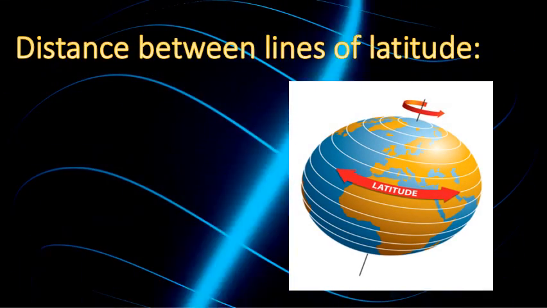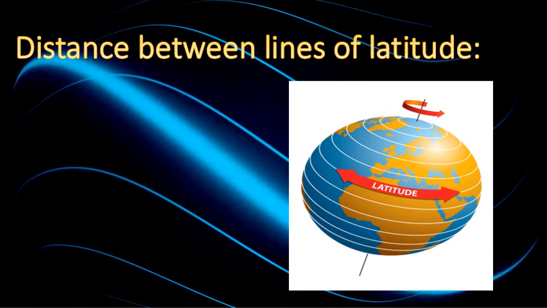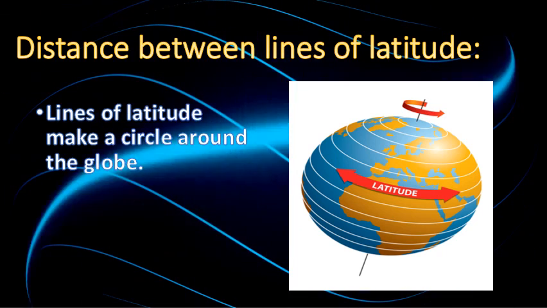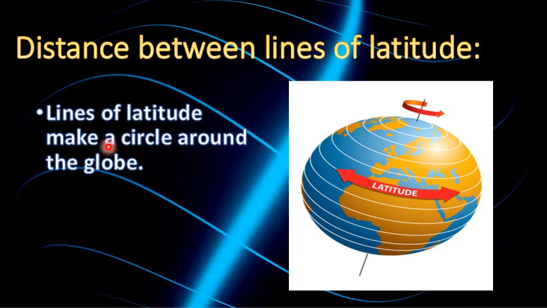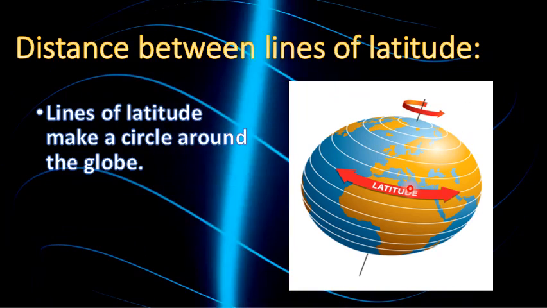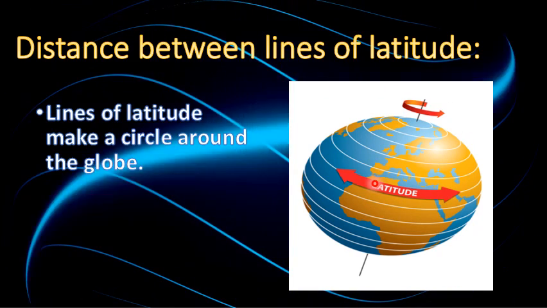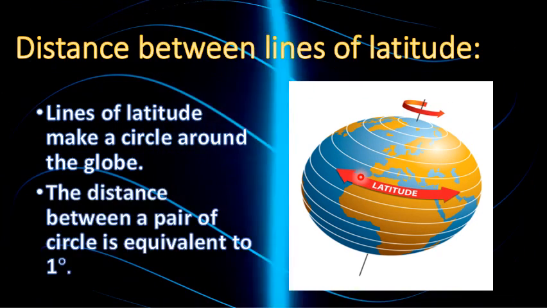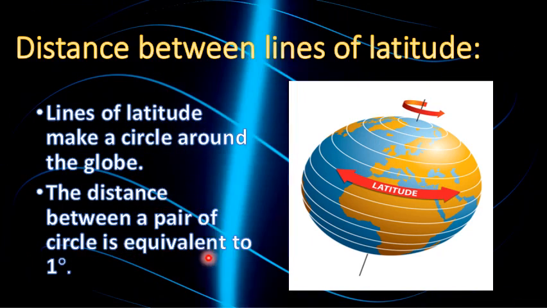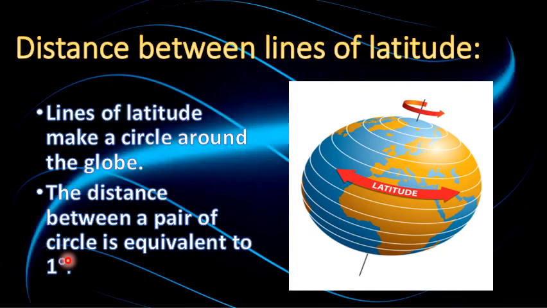And like longitude, now we are going to learn about the distance between the lines of latitude. Lines of latitude make a circle around the globe like this. What do they make? They make a circle around the globe, and the distance between a pair of circles is equivalent to 1 degree.